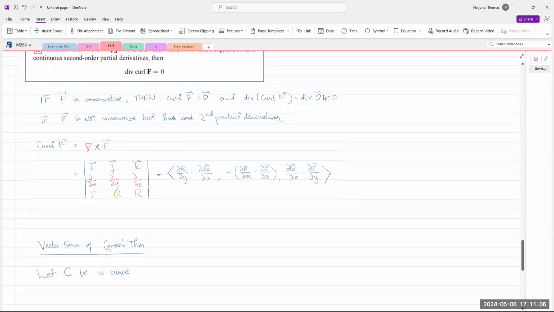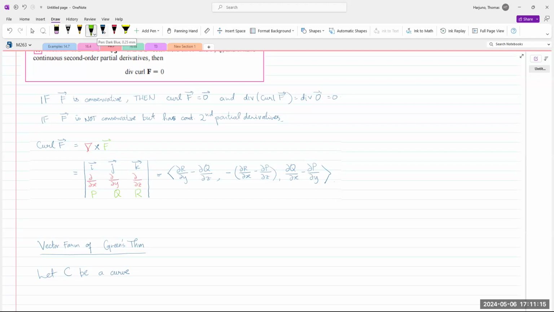Yeah, this one here. This is the curl of F, right? Okay. So what if I apply, let me use black color.